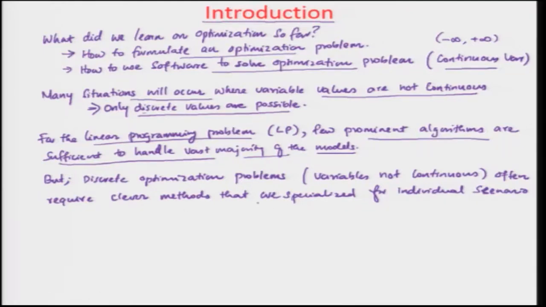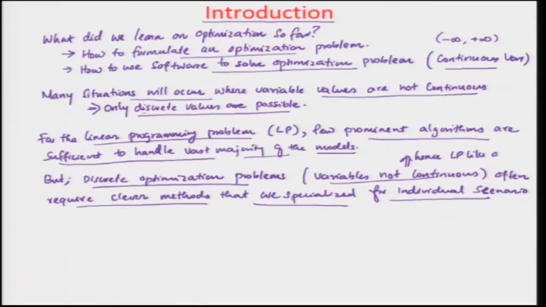Highly specialized clever methods are required for discrete optimization problems. The reason is that variables are not continuous. So, LP-like algorithms are not possible, we cannot use those algorithms to handle such kinds of problems.